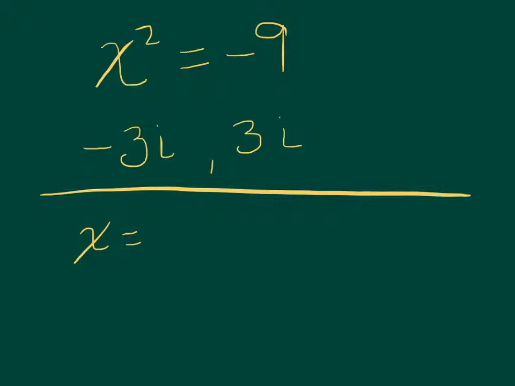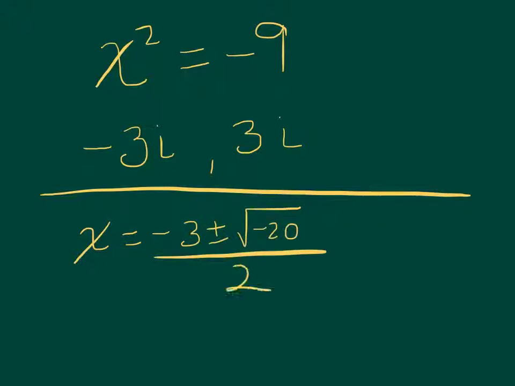Another way to look at it is if you had a negative discriminant in a quadratic function. Like let's say you got something like this, -3 plus or minus the square root of -20 divided by 2. Now notice that even though we have a negative here, this means imaginary zeros as we learned with the properties of the discriminant, but this plus or minus is always going to give us 2 imaginary solutions.